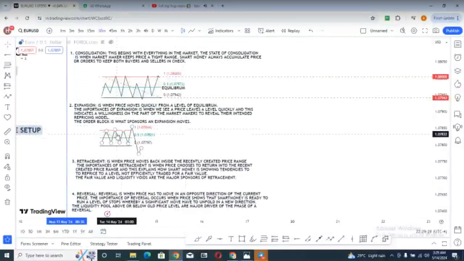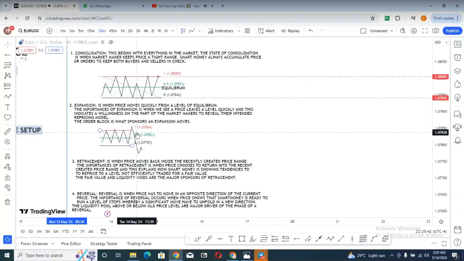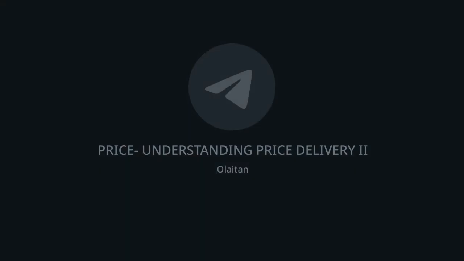We see this often happen in the market in the second phase of the market. It is a phase. So when you see an expansion happen, a consolidation has already happened. An expansion doesn't just happen on its own immediately, just like that. So you'll see an expansion happen based on what has happened.